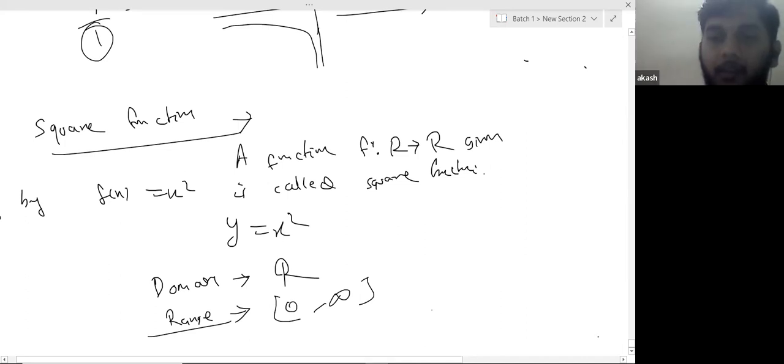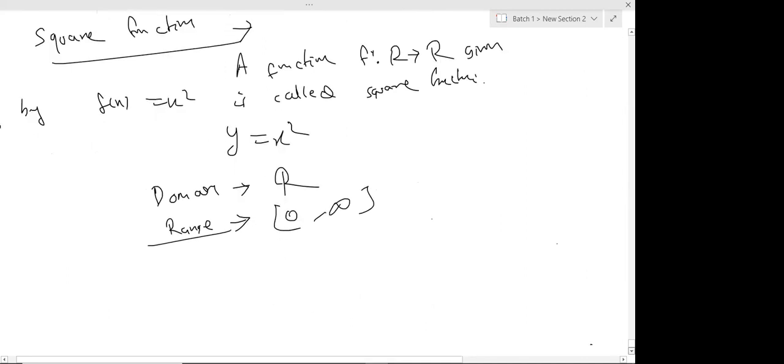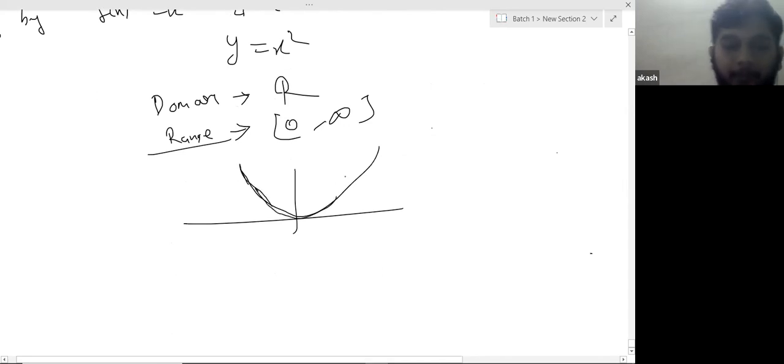Clear? Yes, sir. You have all seen this graph in class 10th also. This is called a parabola. You can see the range is also not below the x-axis, so never negative.